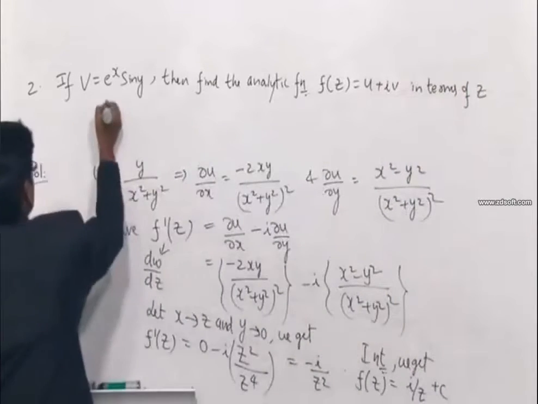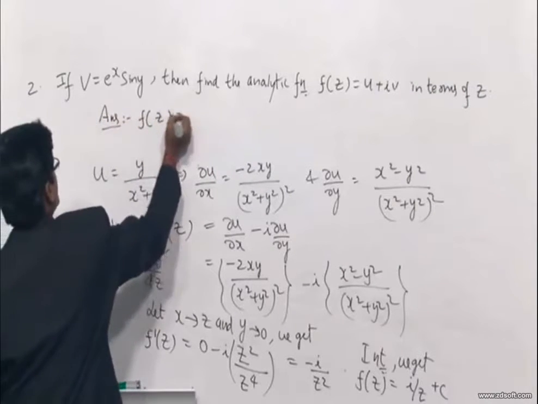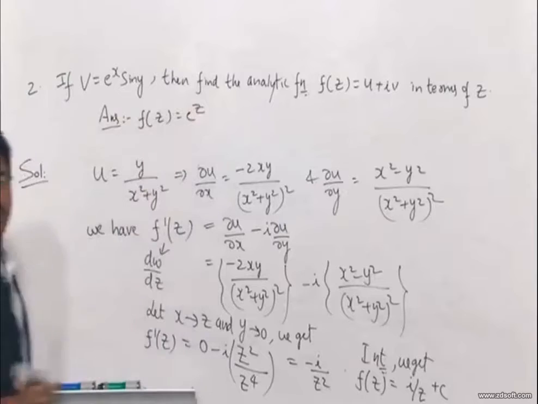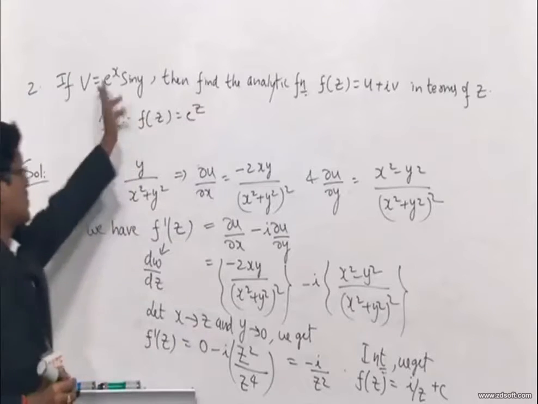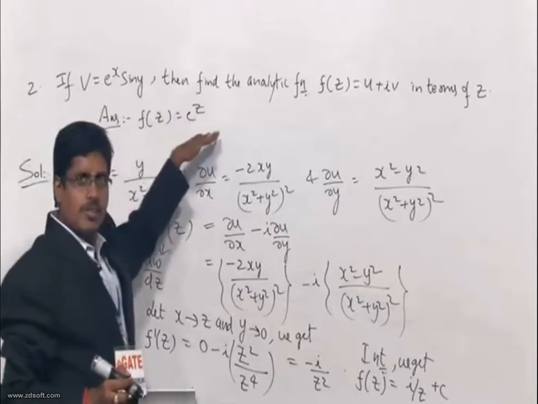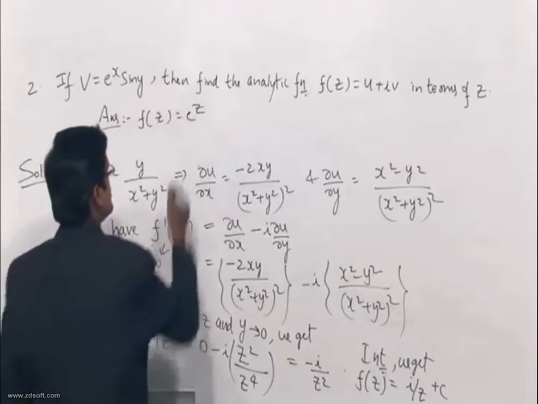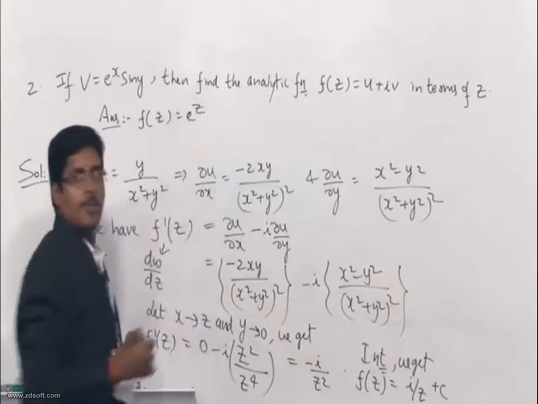Answer: f of z is equal to e power z. This is the answer, exponential z. Just substitute x plus iy here and separate the imaginary part, which coincides with the given v.